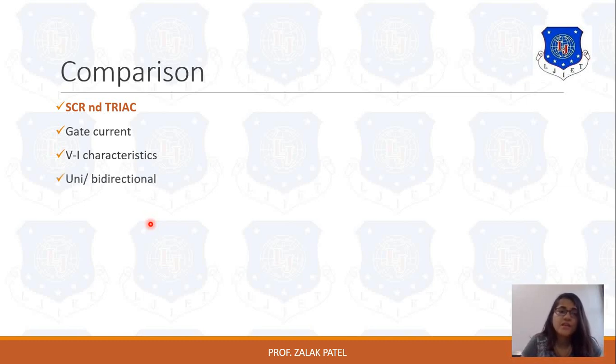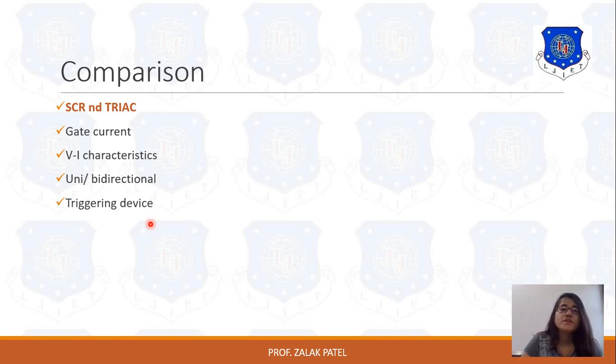Next difference is based on direction. Because SCR has only one gate control and a current direction of positive only, it operates in a unidirectional manner, while TRIAC can conduct bidirectionally, with both positive and negative current values.